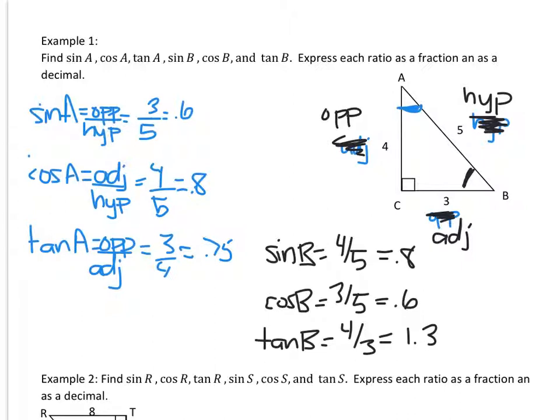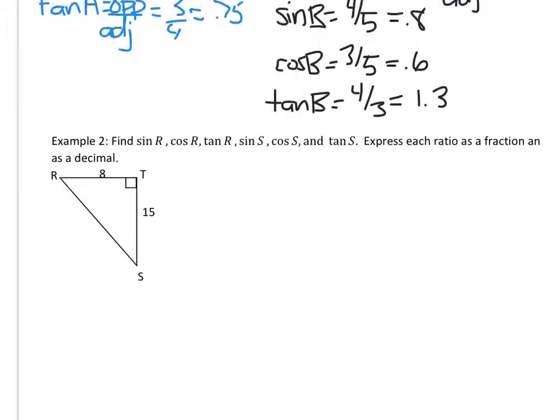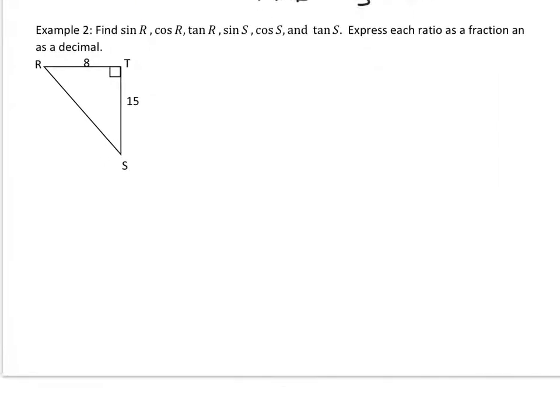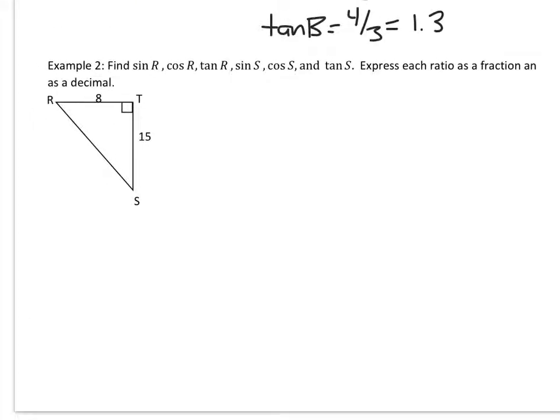Okay, let's look at one more example. So we're finding the same thing, but this time we have a side that's missing. So we have two sides of a right triangle, one's missing. Do you remember how to find that missing side? So you need to recall the Pythagorean theorem.